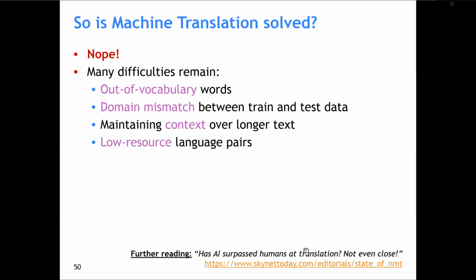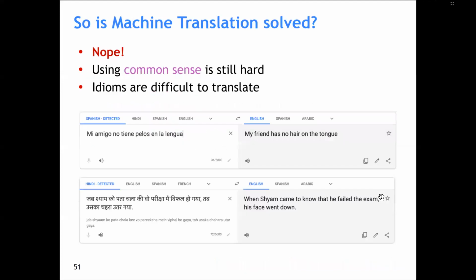Also, encoding common sense in machine translation is still hard, especially with idioms and stories, because the translation depends not only on the context of the source language, but also on stories from long ago or things everyone knows about, which are not captured here.